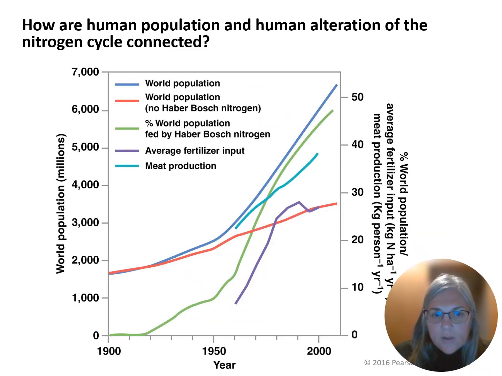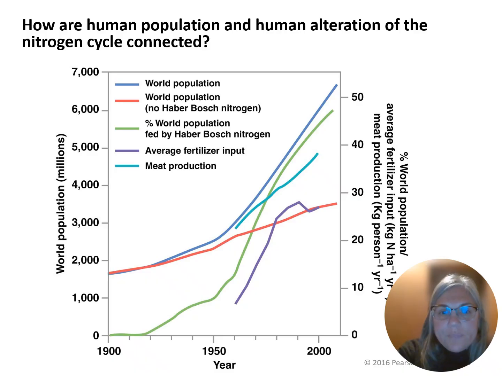I just wanted to show you also this. So this is a graph kind of looking at the contribution of the Haber-Bosch process on the world's population. So there's a lot of lines here. Let me just point out a few things. The blue line represents the current world population increase over time.